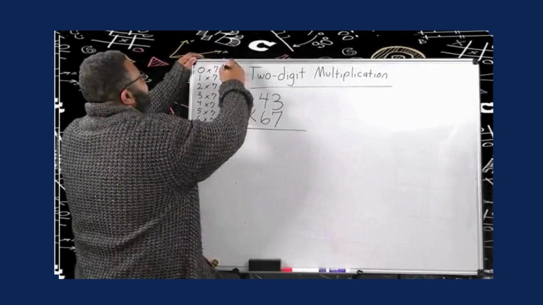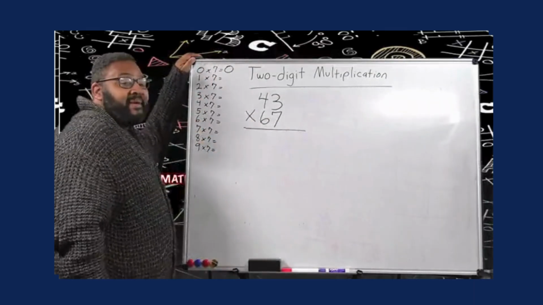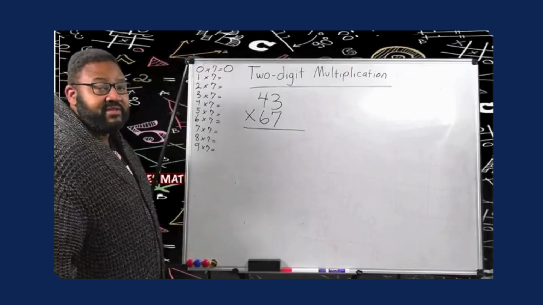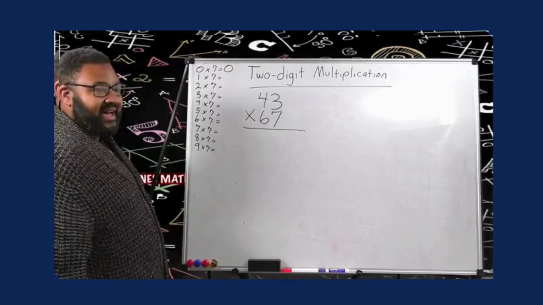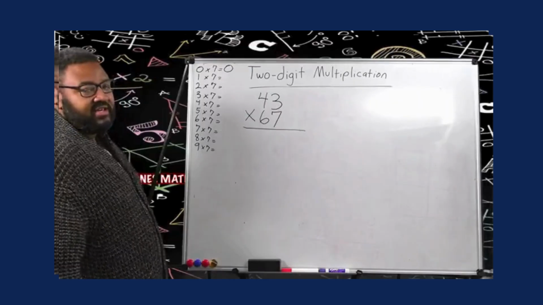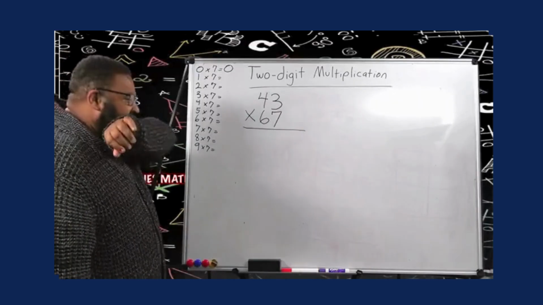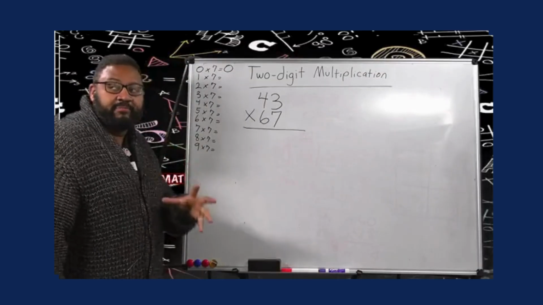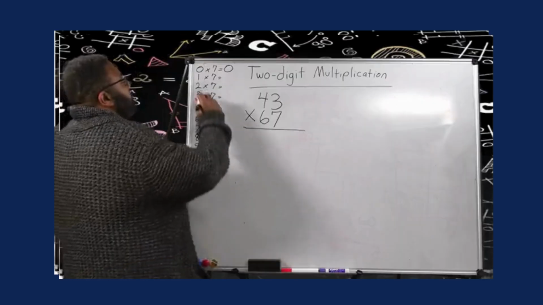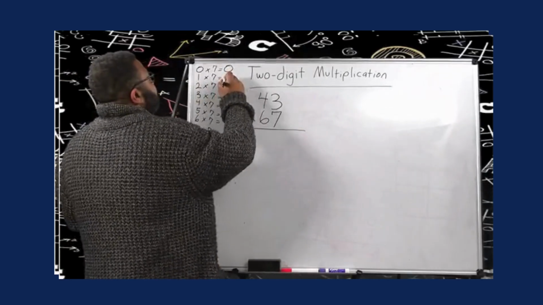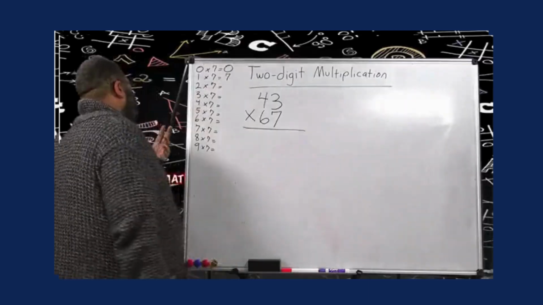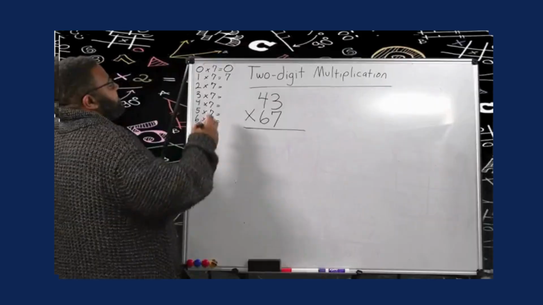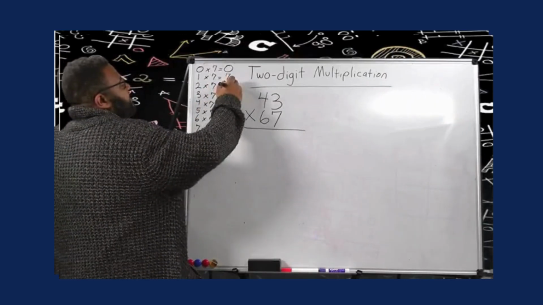Somebody today told me something I can't repeat about 0 times 7. Anything times 0 is going to be 0. 1 times 7 is 7. All right? Now, you can count up 7 fingers, but 7 times 2 is 14.